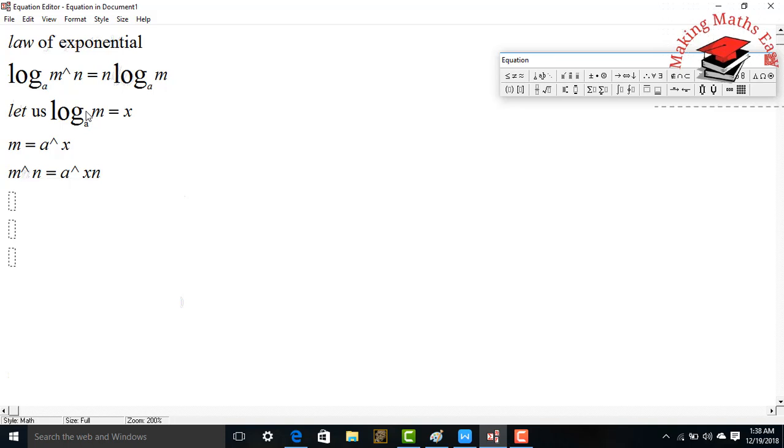Okay, so by the definition of logarithm, after taking log on both sides, we get log of m raised to n is equal to log of a raised to xn.